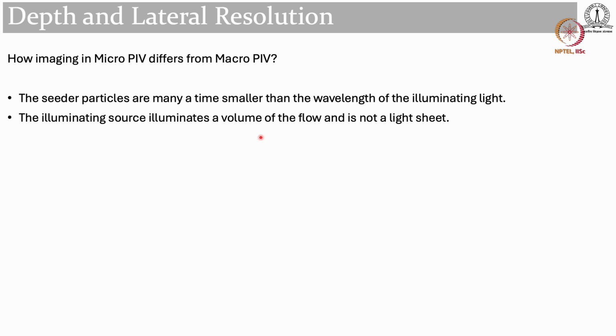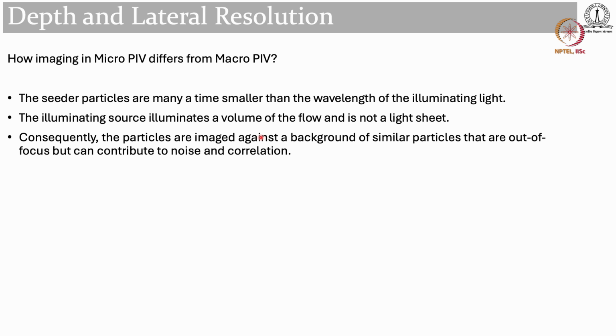The other really important thing is that, as a consequence of using volume illumination, the particles are imaged against a background of similar particles that are obviously out of focus but can significantly contribute to the noise and the correlation.